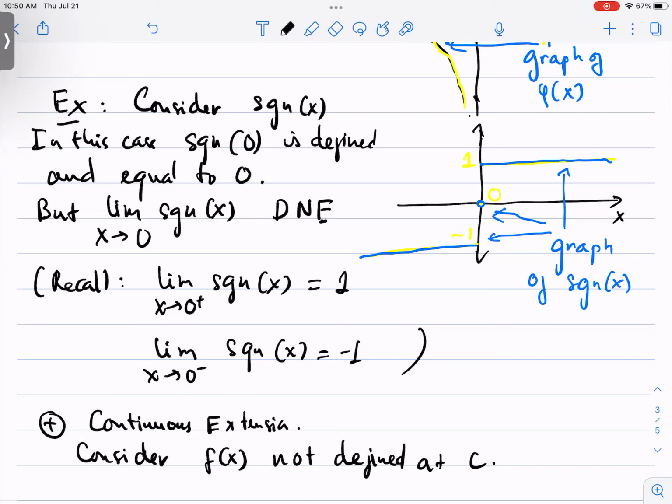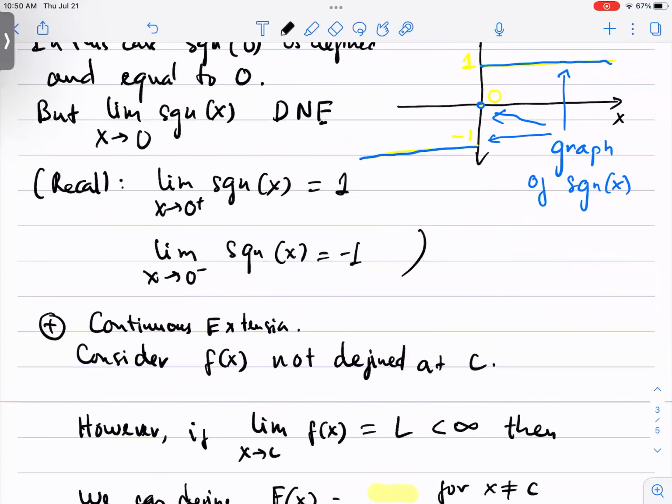We recall that the limit when x approaching 0 from the right equals 1, and the limit when x approaching 0 from the left equals -1. That's why the limit of the function when x approaching 0 is not equal to the value of the function at 0.